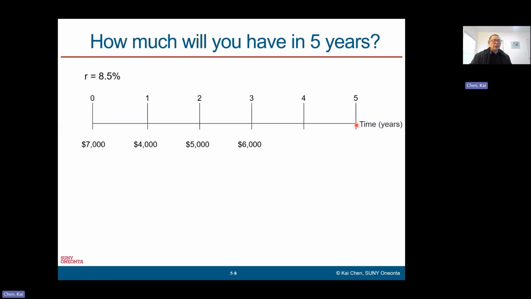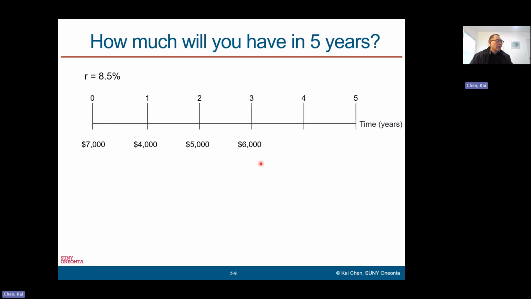The same rule: the future value of a series of cash flows equals the sum of the future value of each cash flow in the series. So we're going to calculate the future value of each cash flow and then sum them up.